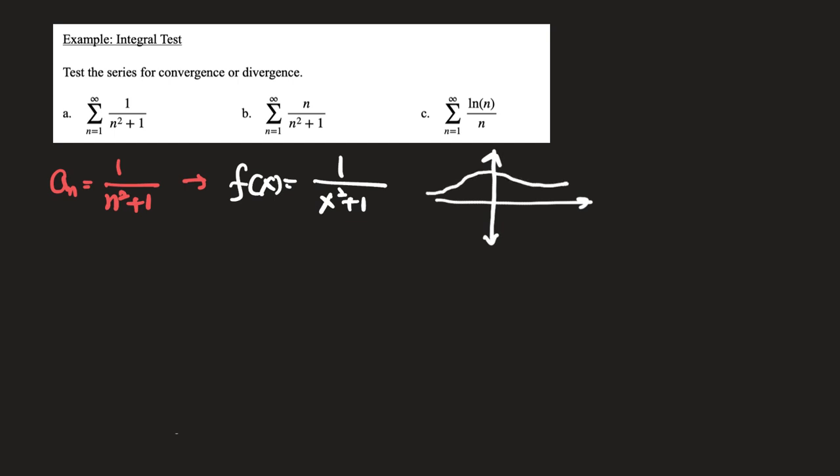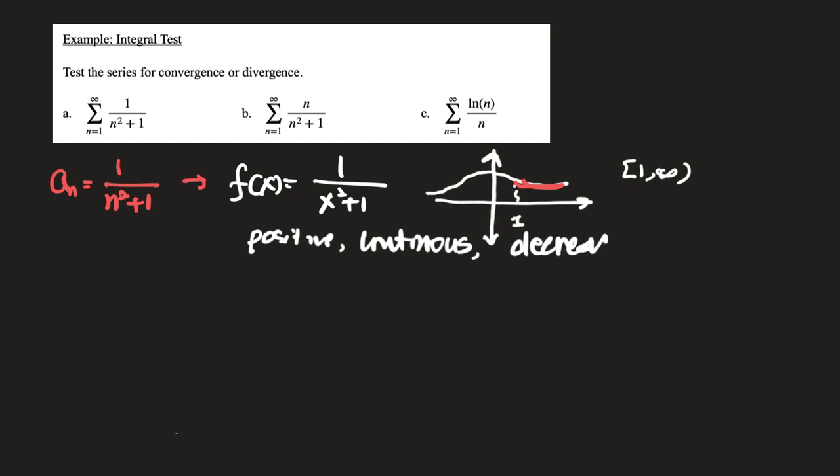We only consider 1 to infinity. So here is 1. Look at this part of the graph: f of x is positive, continuous, and decreasing. You can clearly see it right there.